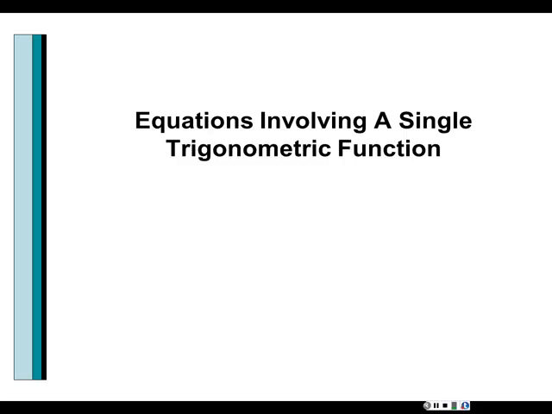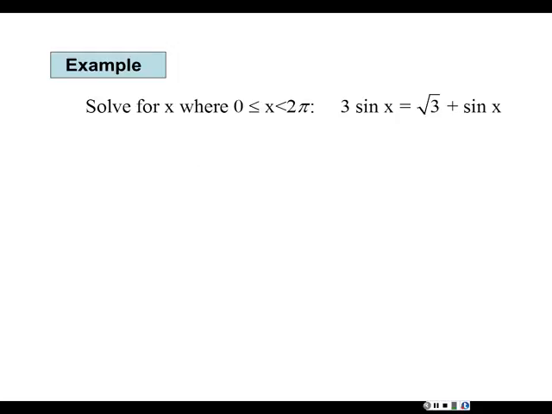Now let's look at some, here is the starting point. 3 sine x equals square root 3 plus sine x. Now remember, we'll always be trying to solve the equation for x, and also just as a clue, x will be nothing except an angle.